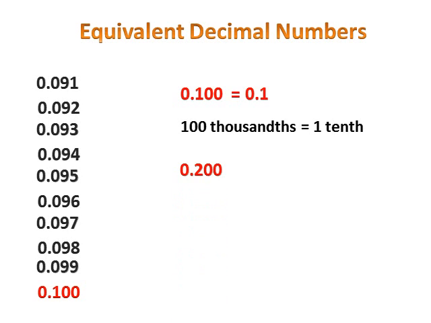In the same manner, 200 thousandths is also equal to 2/10, and 900 thousandths is equal to 9/10. So these are some equivalent decimals, and there's a lot of equivalent decimals because there are 1,000 numbers of these.